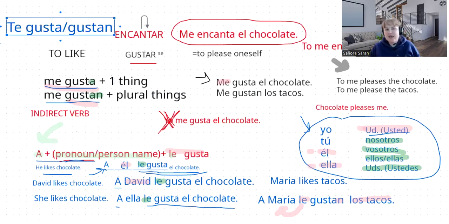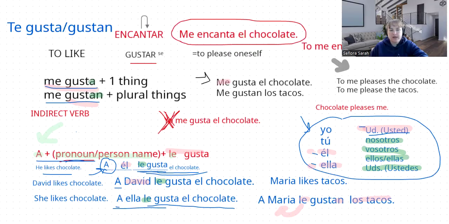If you want to say he or she or you formal like something, you can go le gusta or le gustan. Or you can also choose to add on the subject pronoun él, ella, or usted for you formal, just to make it a little more clear. You have to put an a if you choose to do that, okay? So a él le gusta or a ella le gusta.